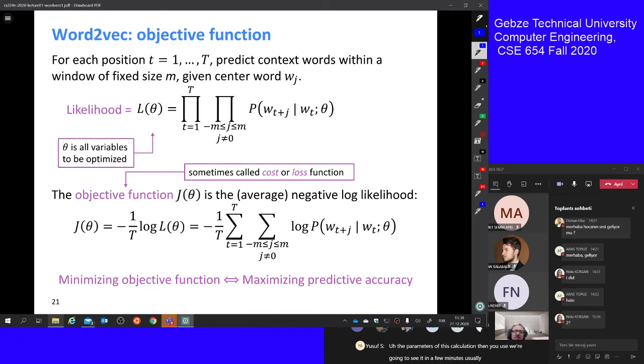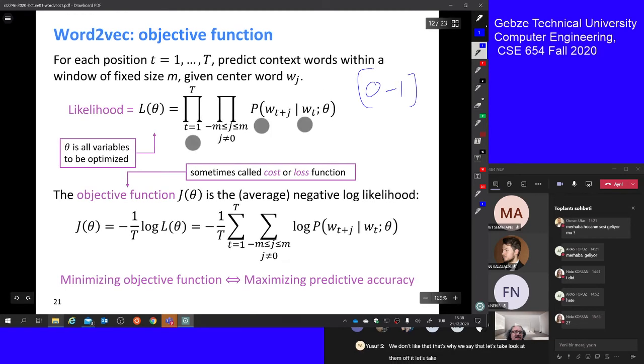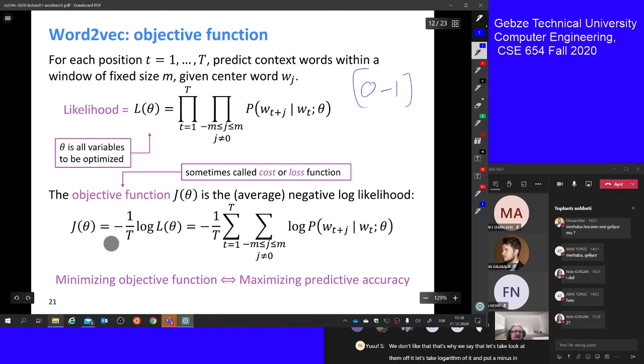Usually we don't want to multiply, since these are probabilities between 0 and 1, right? If these numbers are close to 0, this multiplication will be very small, so it will underflow. We don't like that. That's why we take the logarithm of it, put a minus in front of it, and minimize it.